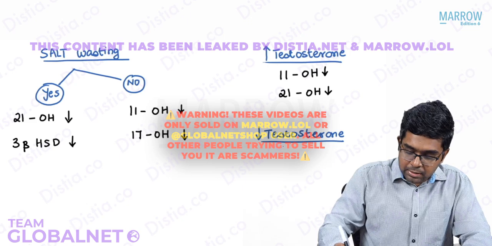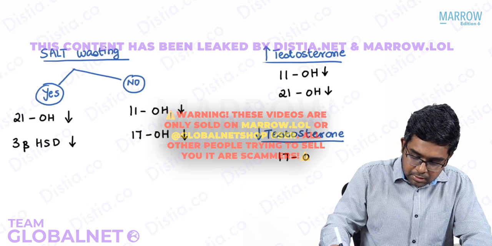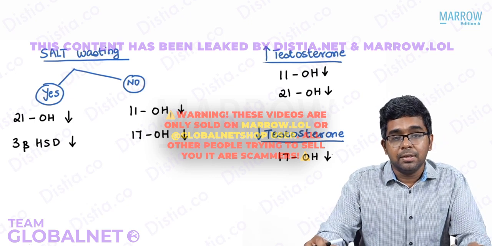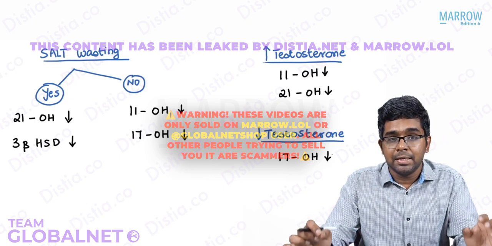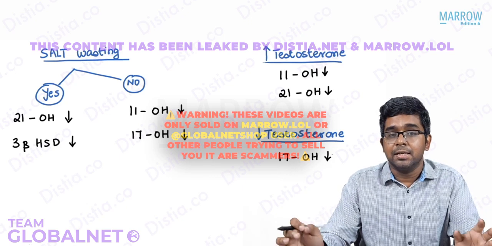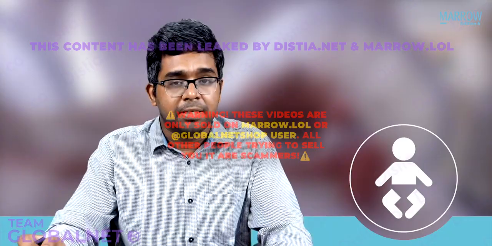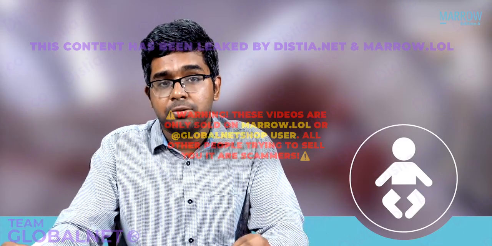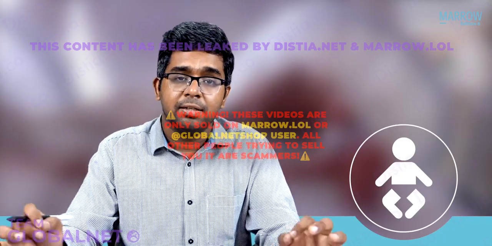What is the other condition? 17 hydroxylase deficiency. So in this condition, what you will be having? You will have normal genitalia in a female, whereas under virilized genitalia in a male baby. Please remember, if it is very severe, decreased testosterone can even be associated with ambiguous genitalia in a male baby also.